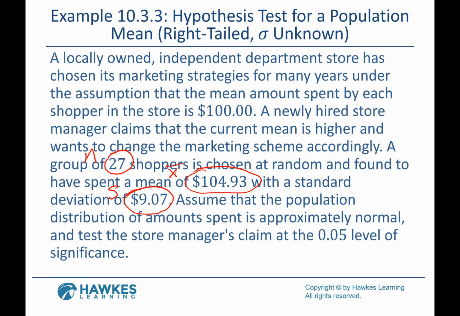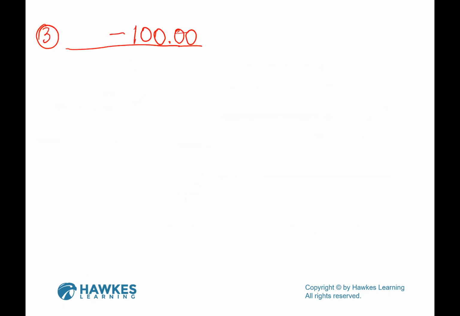So now we can plug the rest of the numbers into our formula. 104.93 goes in the top, and then we have $9.07 divided by the square root of 27 on the bottom.